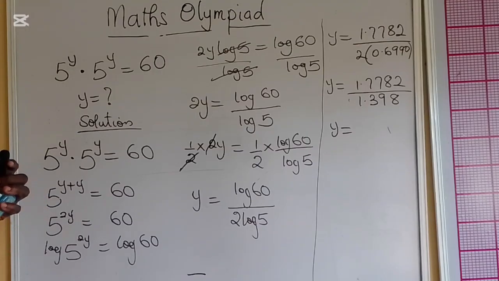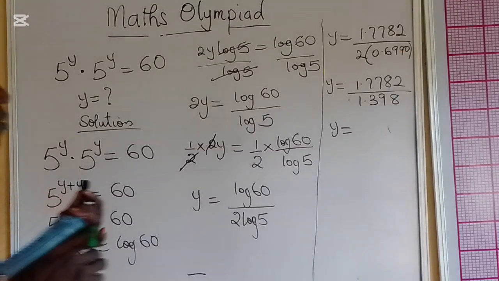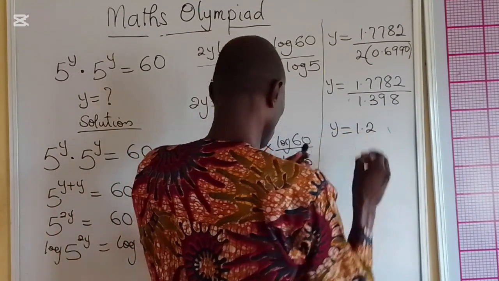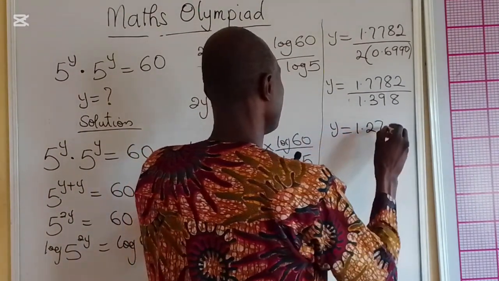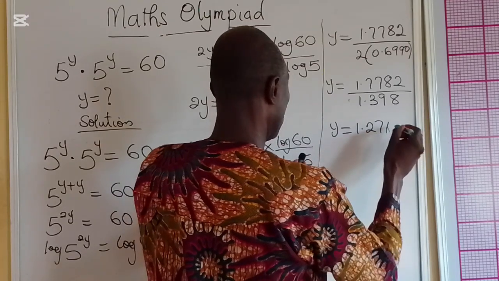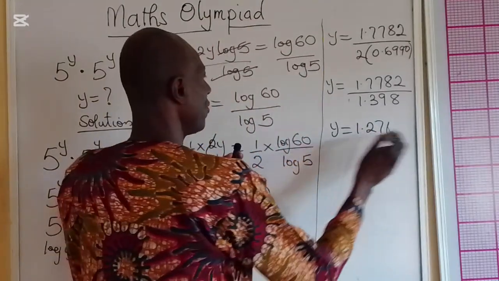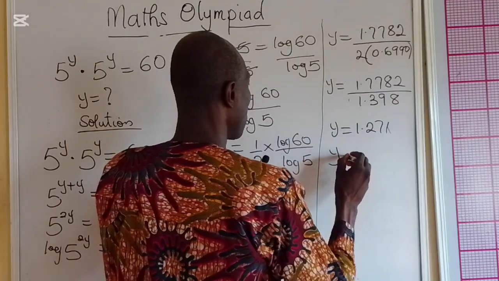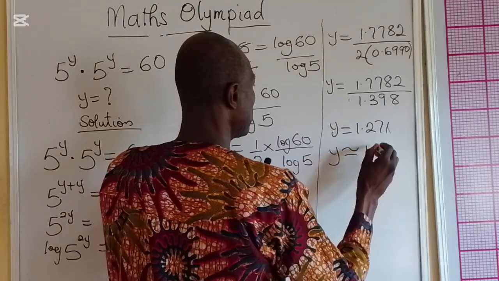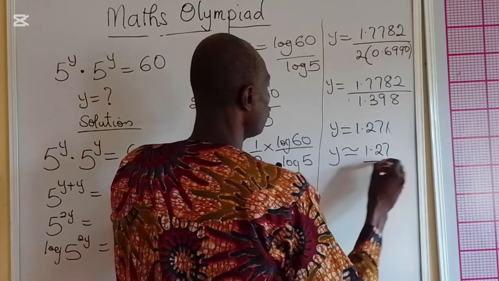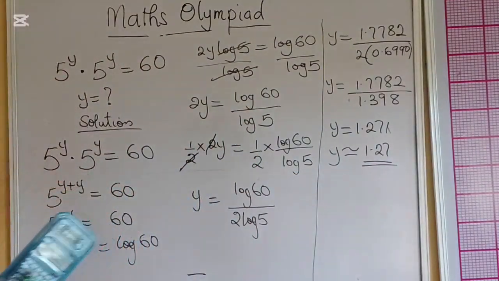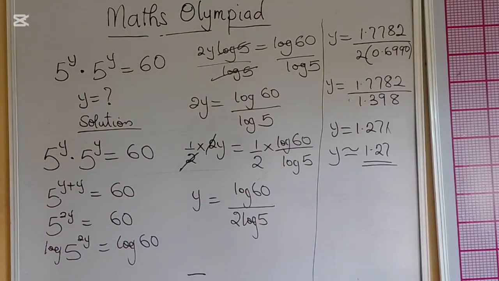It will give us what? 1.271. Okay, 9 is recurring. So let me just say by approximation, y is 1.27 to 3 significant figures or to 2 decimal places.